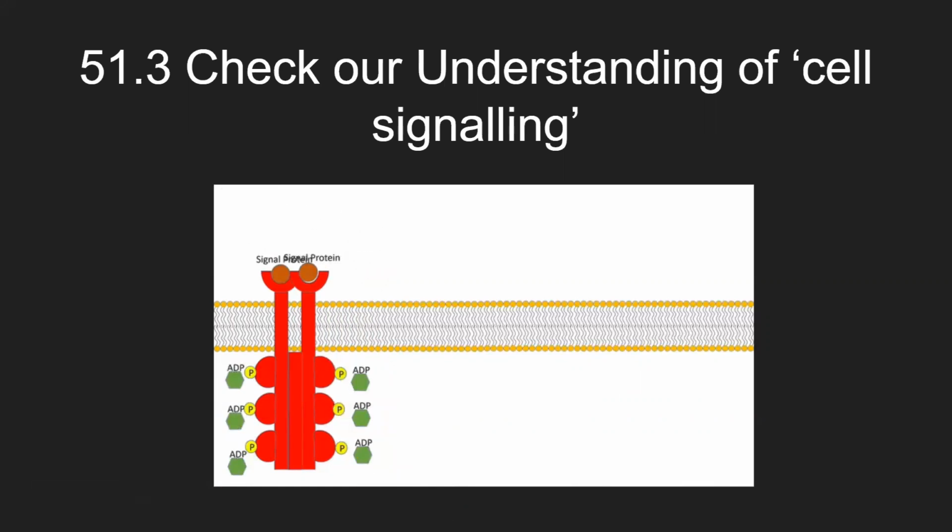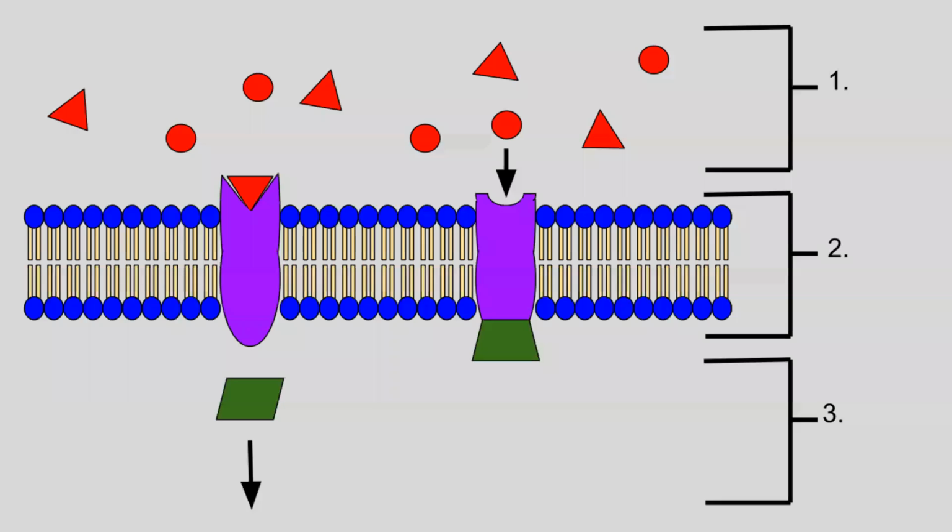So basically, what happens in cell signaling? There are three things that happen. First, the ligand will bind to the receptor, and this part is called reception, or receiving of the signal. After the receptor binds to the ligand, it will pass this new information that it has got while binding to the ligand to the other side of the membrane.